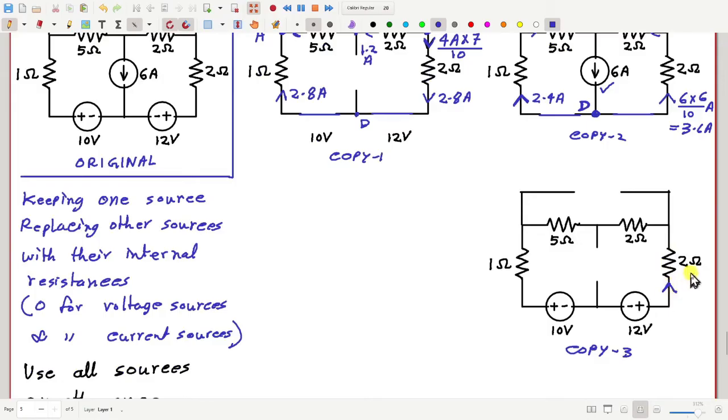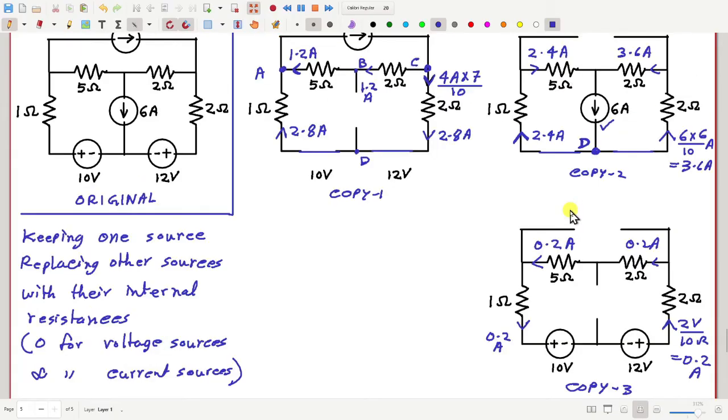This current will be 2 volt divided by 2 plus 4 plus 4, 10 ohm, so that's 0.2 ampere. So this is also 0.2, and the left side current therefore, since this is in series, is also 0.2 ampere.